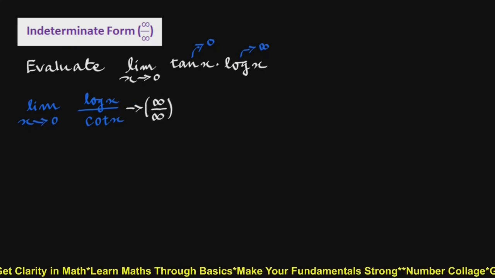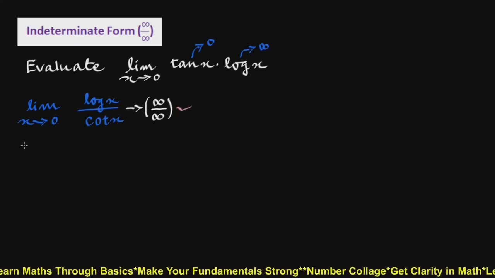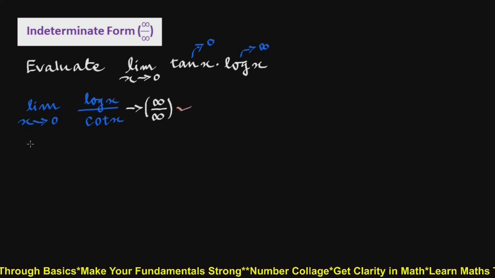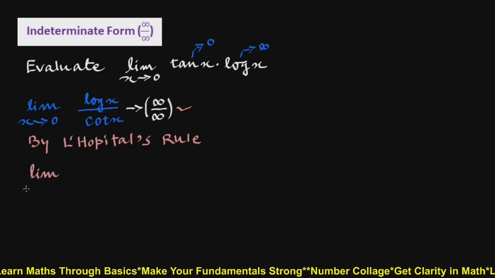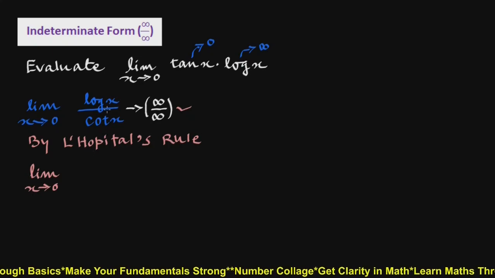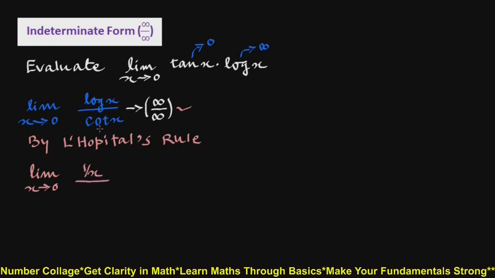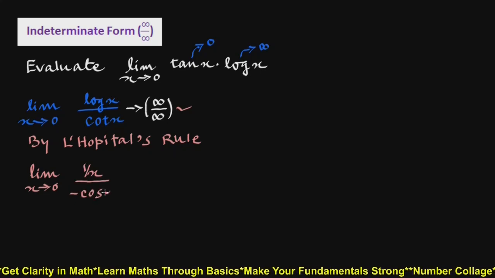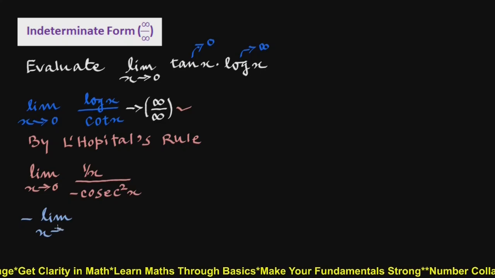We have seen if the form is infinity upon infinity, we can directly apply L'Hopital's rule. So by L'Hopital's rule, it will be limit x tends to 0 of derivative of log x, 1 upon x, upon derivative of cot x, minus cosec square x. This will be minus limit x tends to 0.